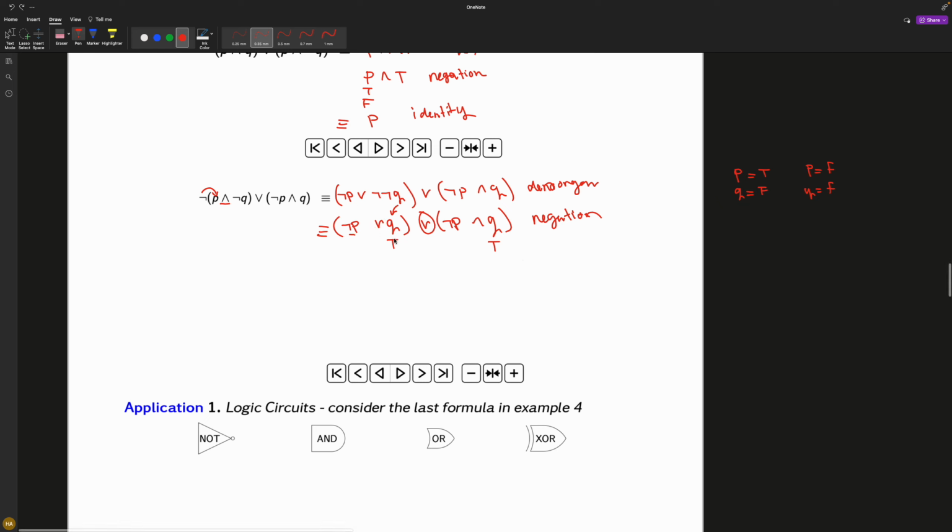And if Q is false, and this is, sorry, what was it? I lost my idea. If this is false, it will make the whole thing true. And if this is true, and this is also true, it will make the whole thing true. I'm hoping I'm getting the idea across.